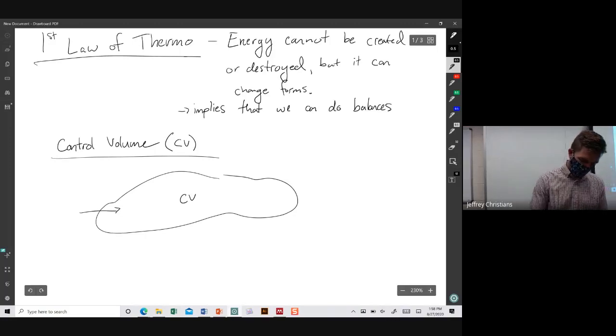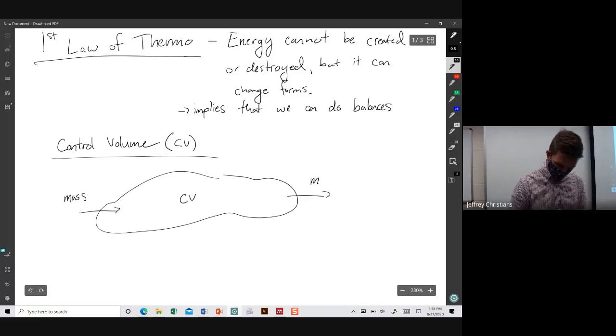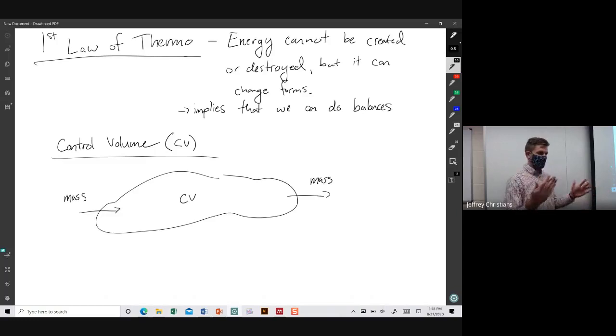And we can have mass flow in and out of that control volume. To put a more concrete thing, we'll talk about this in a second, think of a control volume on a pump.